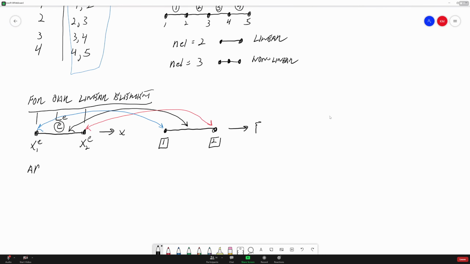And then we apply the Rayleigh-Ritz method.